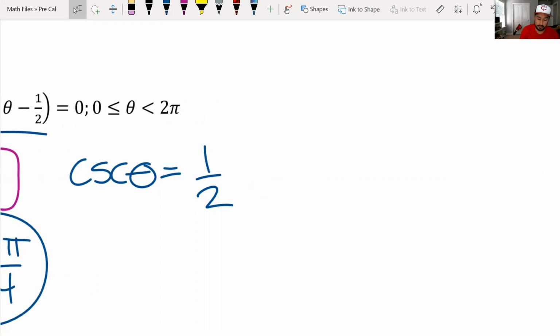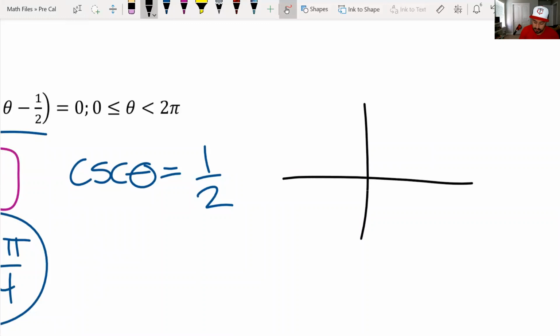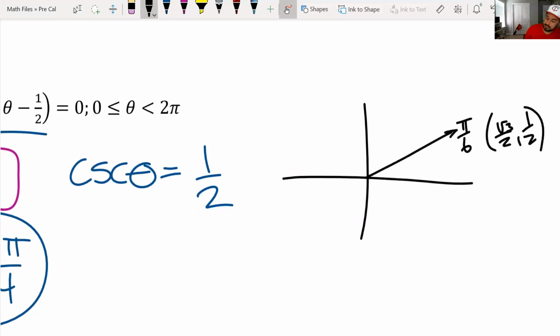So remember, for cosecant, if you're looking at the unit circle, which one is pi over 6? At pi over 6, the coordinates are square root 3 over 2 and 1/2.